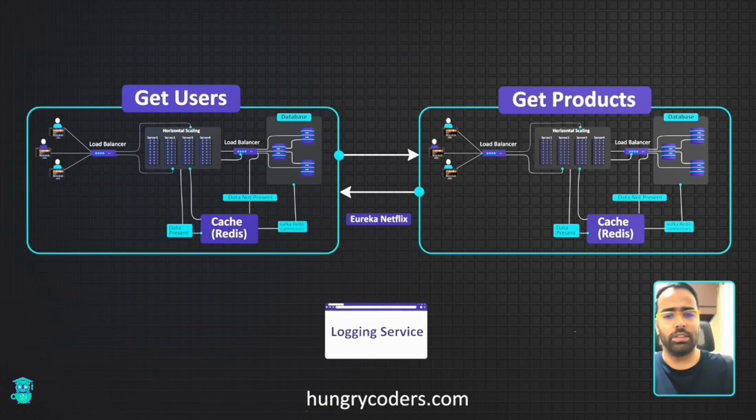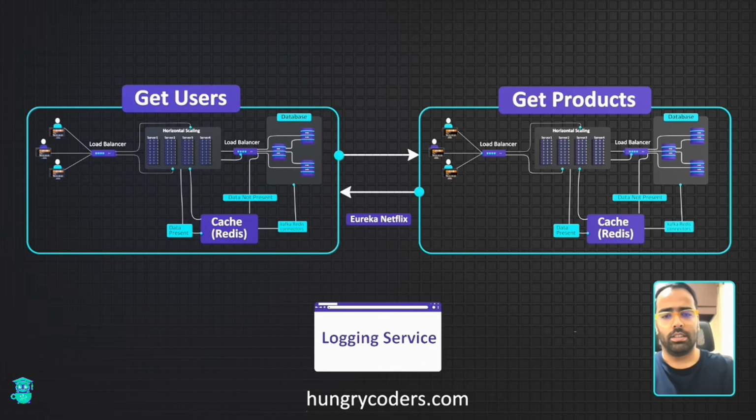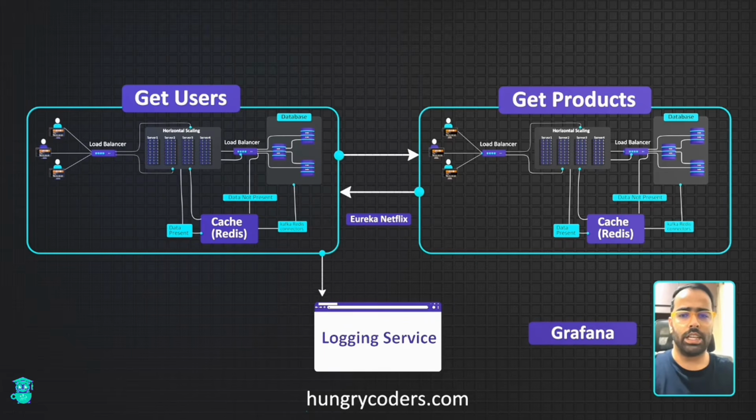All the microservices will send data to it, and this logging service, let's say, is connected to some dashboards. It can be Grafana; we are using Grafana and Prometheus. So all the services can send events to this logging service, which will be asynchronous. Based on this, you can view the metrics on Grafana or manage incidents.